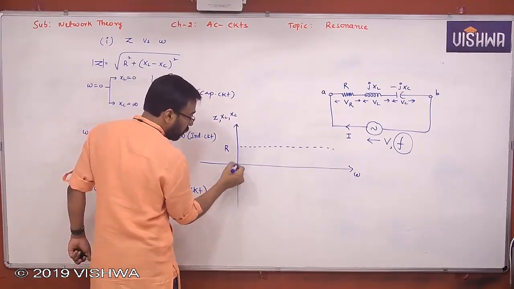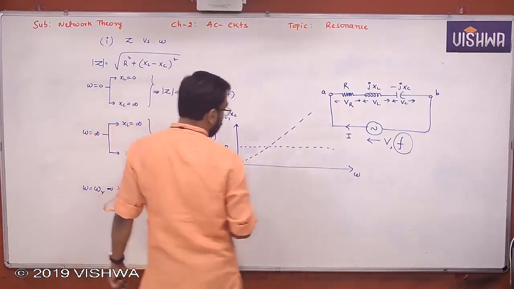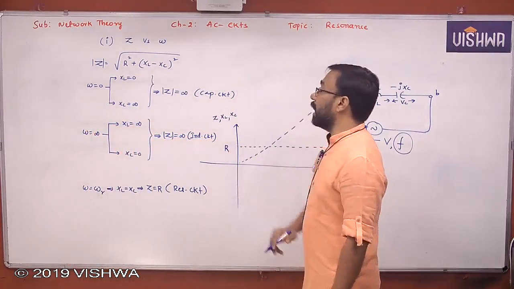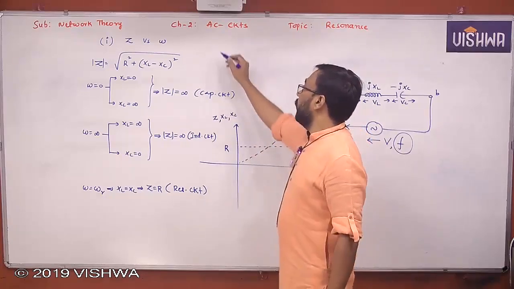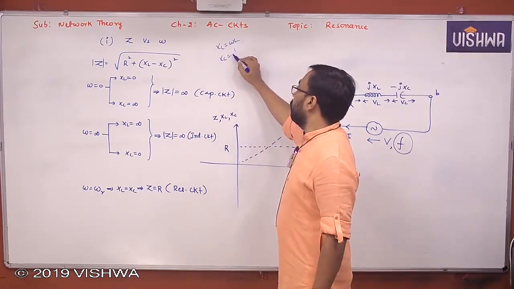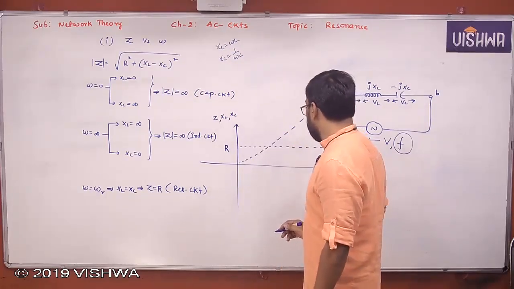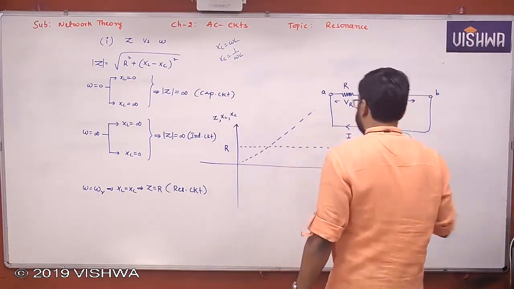So now you take a line passing through the origin, because XL is directly proportional to omega. XL is equal to omega L. XC is equal to 1 by omega C. XL is directly proportional to omega. Understand all of you? Okay. So let me draw clearly here.